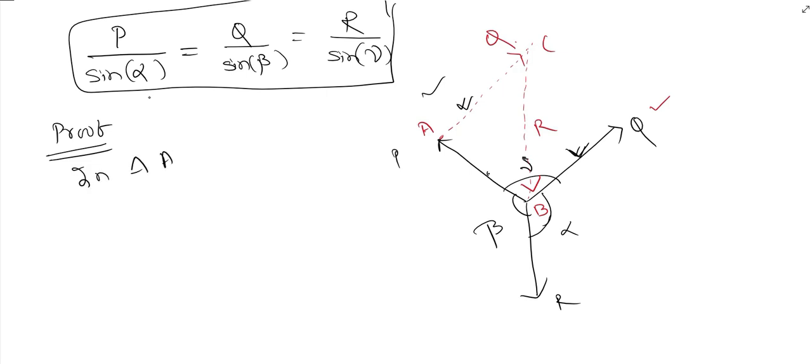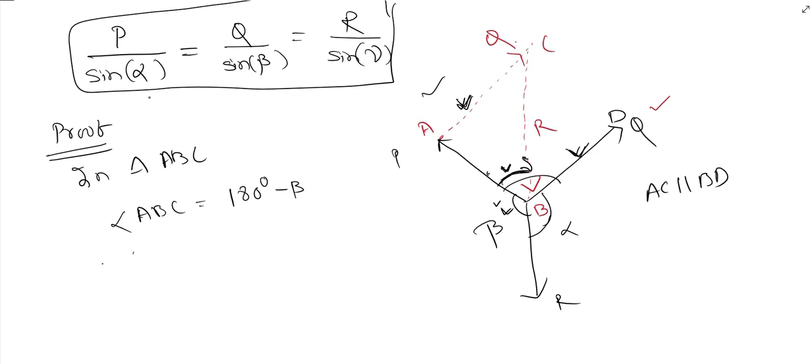In triangle ABC, angle ABC is equal to 180 degrees minus beta. This angle is beta and we are calculating this angle ABC. So this angle and this angle sum to 180 degrees, so this angle will be 180 degrees minus beta. Again, this line AC and suppose this line BD are parallel, and these two lines are intersected by line BC.